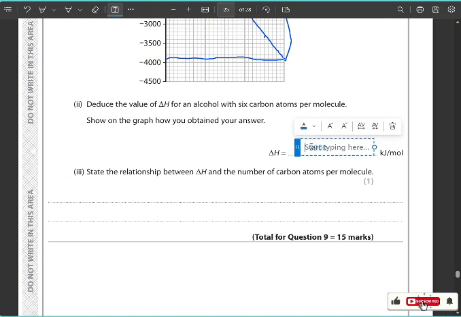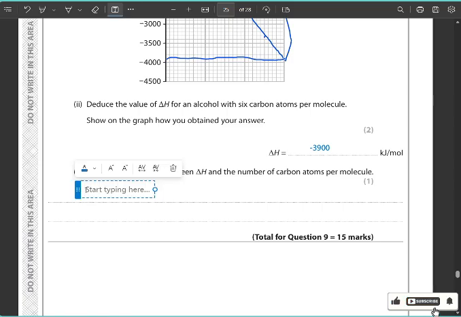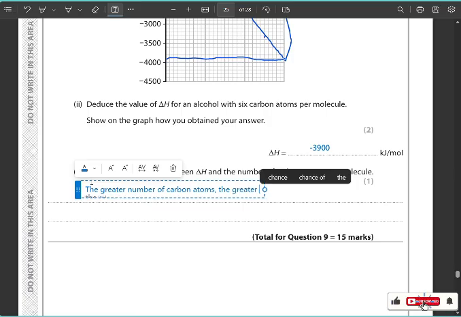Next one, state the relationship between delta H and the number of carbon atoms per molecule. From the result, we can easily know that the greater the number of carbon atoms, the greater the value of delta H.